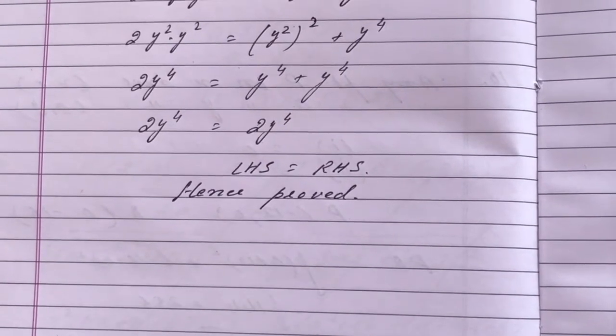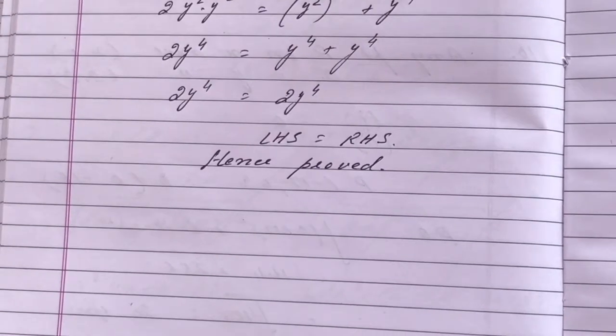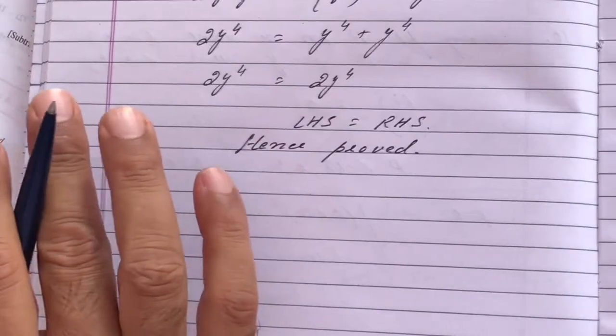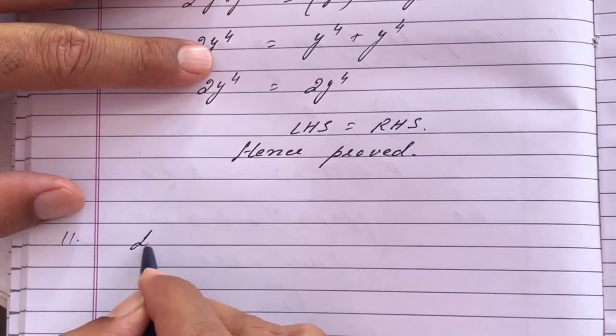Question number 10 is solved for you, that you can do. Question number 11. If three quantities are in continued proportion, let the quantities be x, y, z.